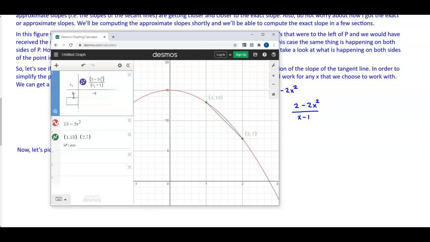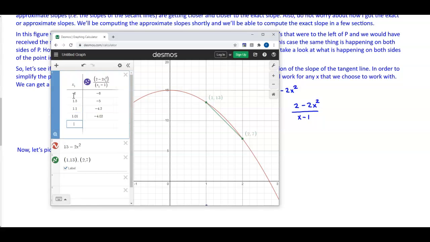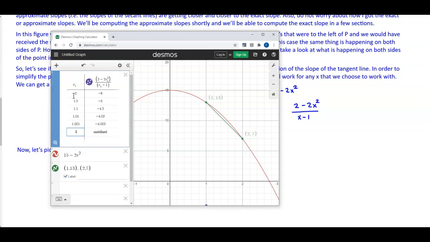We get negative 6, as we had received there. And 1.5 gives negative 5, 1.1 gives negative 4.2, then 1.01, 1.001, and 1.0001. You can see here that the slope is getting closer and closer to negative 4. Now let's go from 0 to 1.